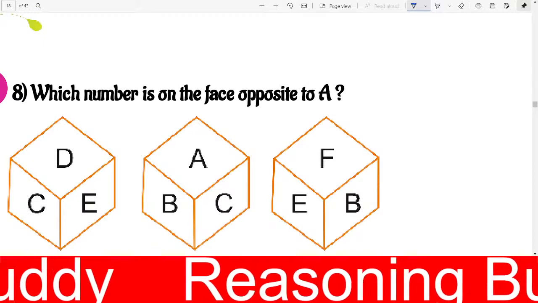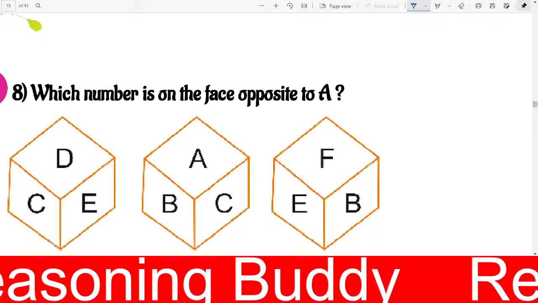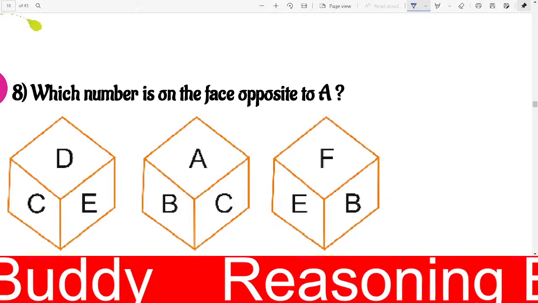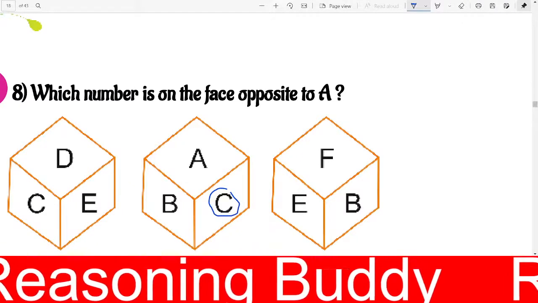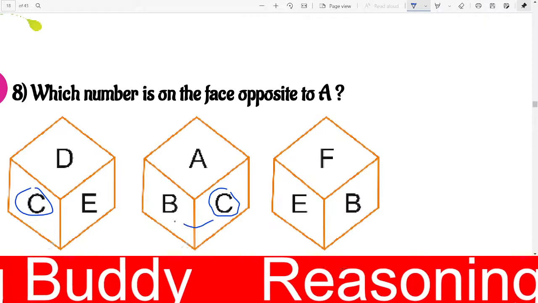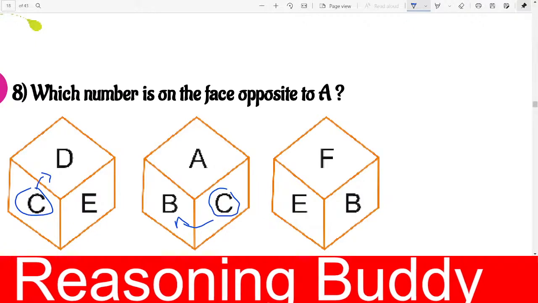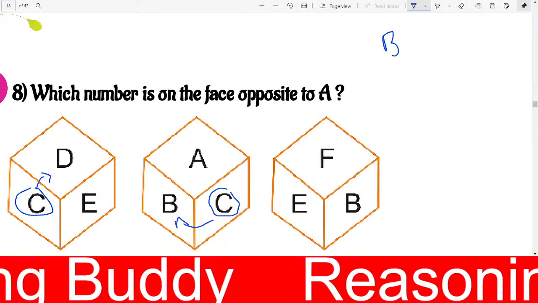Next, in this they asked for an alphabet dice. So let's see. Here also you can take this clockwise method. The first clockwise alphabet was D, and here D. So B and D are opposite.